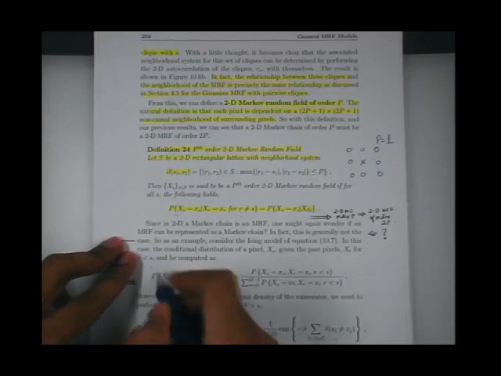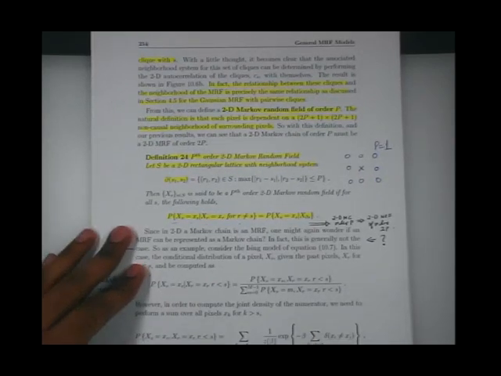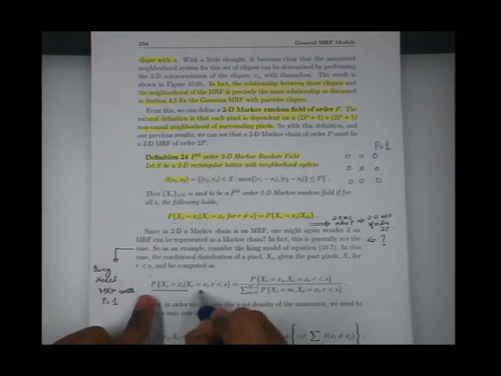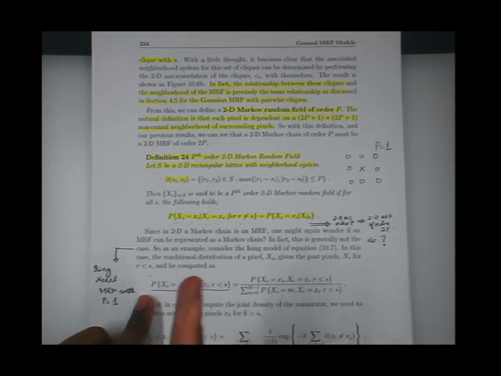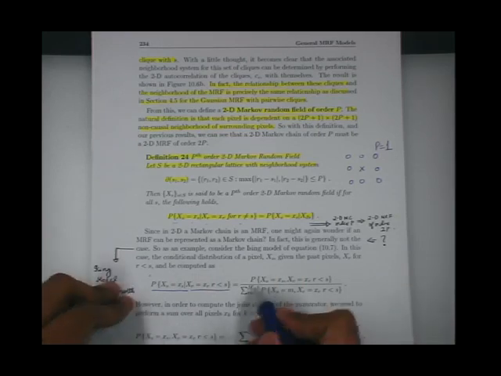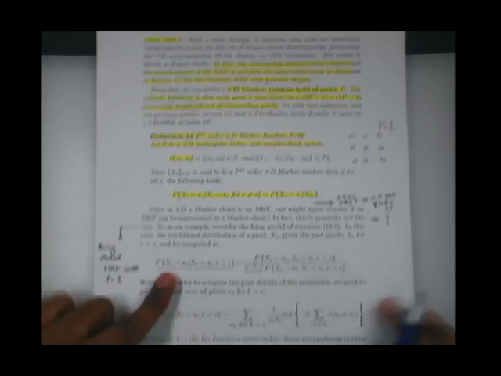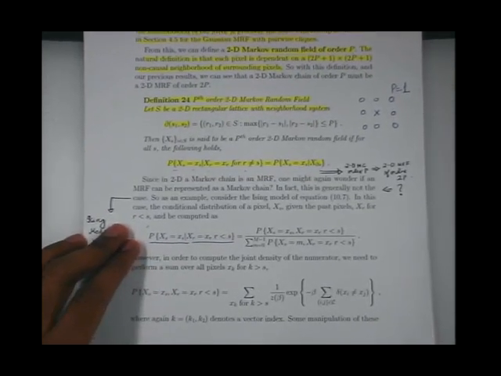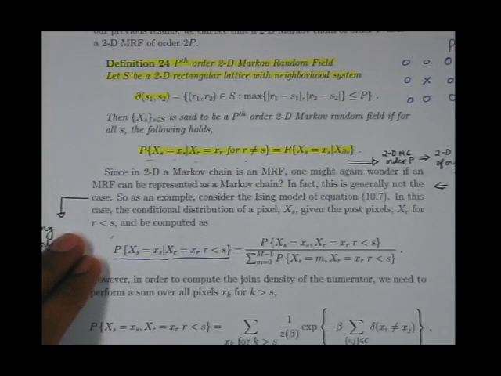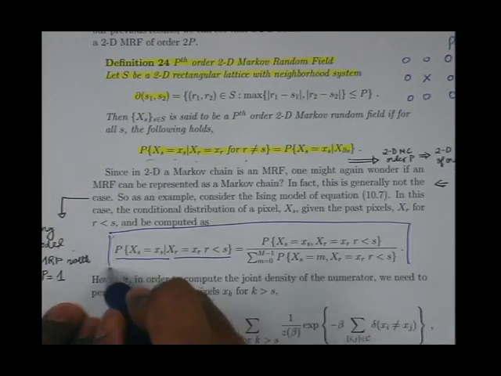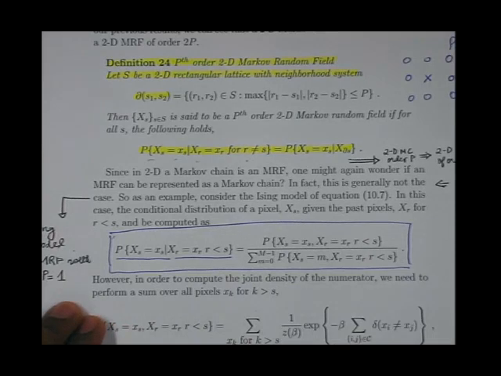In order to check if something is a Markov chain, how would you do it? The way you would do it is you would check if the probability of a single pixel, given all the pixels prior to it, is only dependent on a P-order causal window in 2D, right? So if you write out that expression, let me zoom in, what we're trying to check is whether this is simply going to be dependent on a causal neighbor.